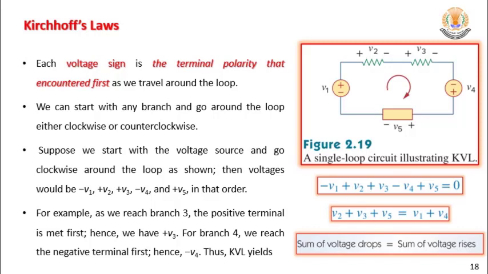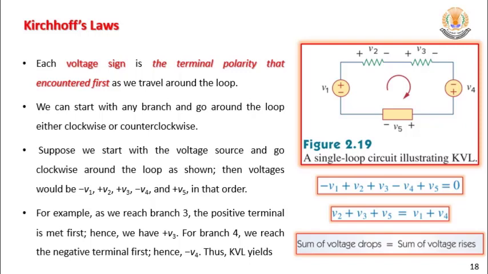Example here. Can you apply KVL here? It's a closed loop, only 1 loop. So we can say, let's start. Negative, positive. Look here. Positive, negative, positive, negative, negative, positive, positive, negative. So which one is following the source? The other source. Do you agree?